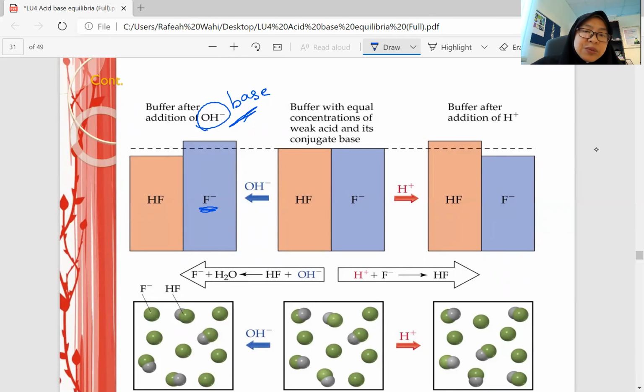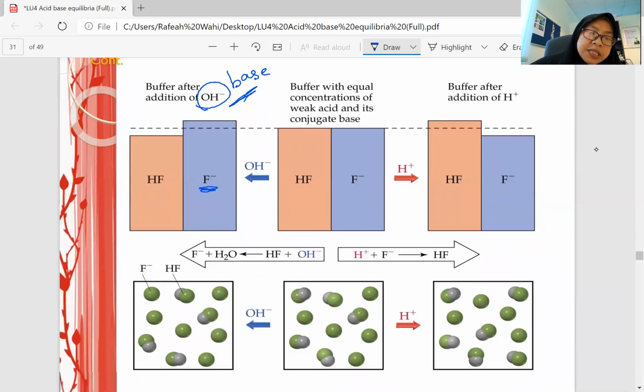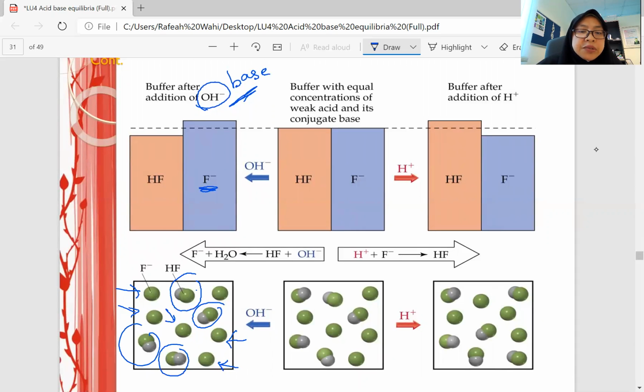So if you look at the representation in the diagram here, you can see that the hydroxide ion binds with the weak acid inside the buffer solution. But you can see also there are some more ions here that are not bound to anything, not bound to any hydroxide ion.